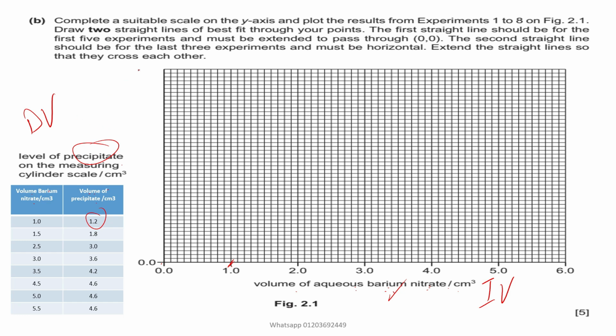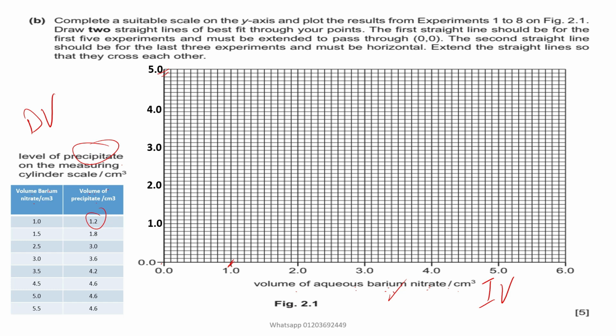Here the number of small squares equals 50 on the y-axis. We can divide the scale into 5. How come? Each 10 small squares use 1. So here 1, 2, 3, 4 and 5. Each small square is 0.1, each 10 equals 1.